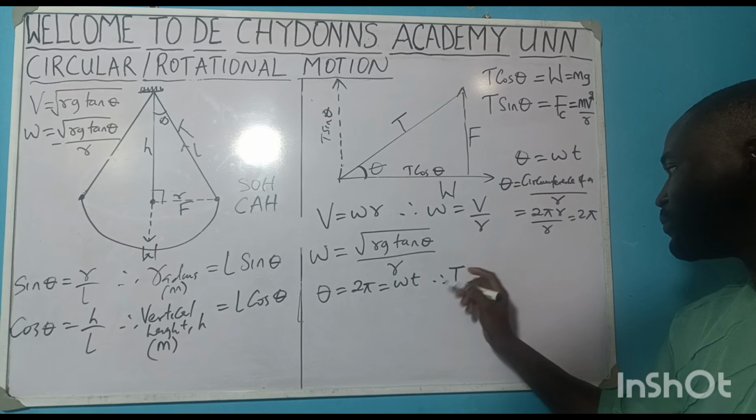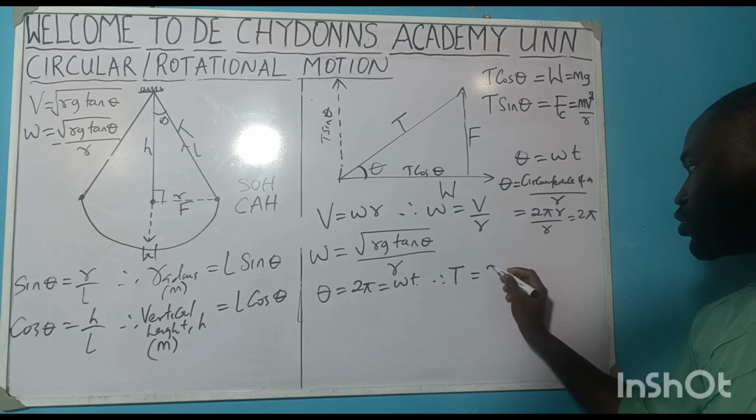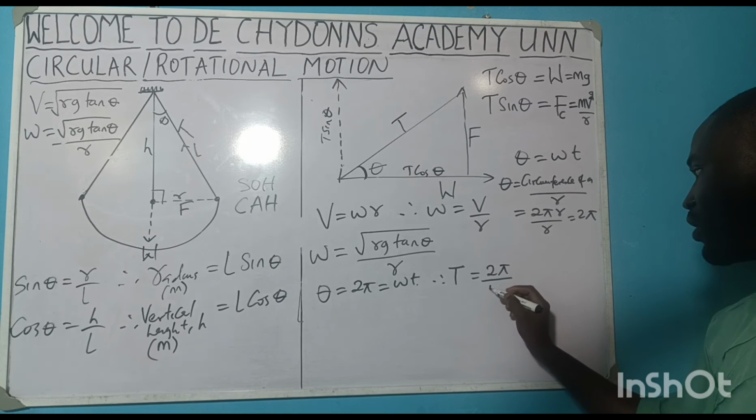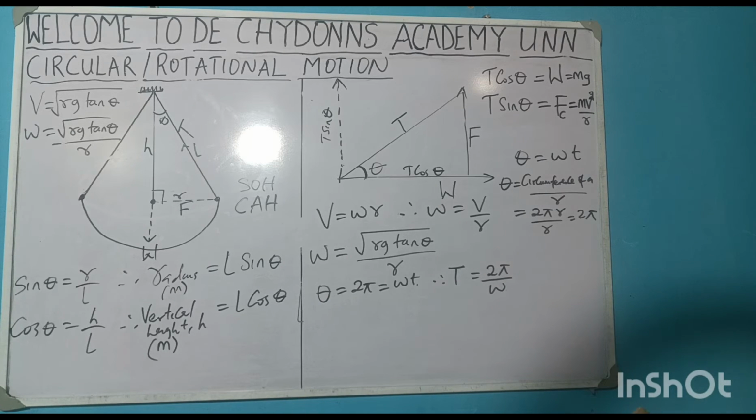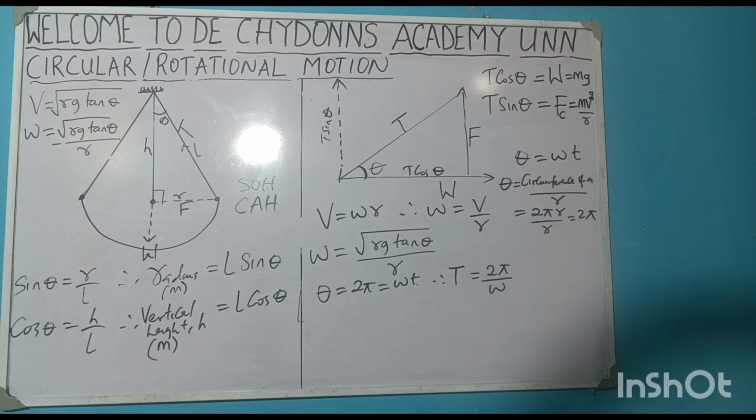Therefore, T, the period, will be equal to 2 pi over W. And what is your W? We have it on the board here. It equals 2 pi all over the square root of Rg tan theta all over R.